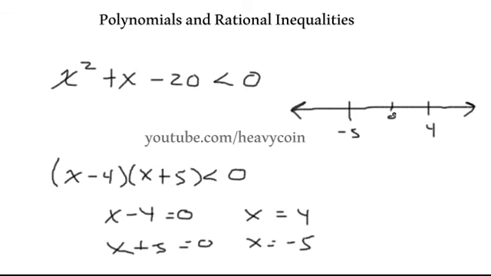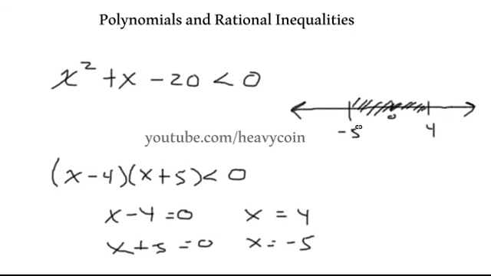So if this is true, then all of the numbers in between negative 5 and 4, if we plug those in up here, would also be true. If you plug in a number larger than 4, like 5 squared is 25, and 25 plus 5 is 30, and 30 minus 20 is 10, and 10 is not less than 0.